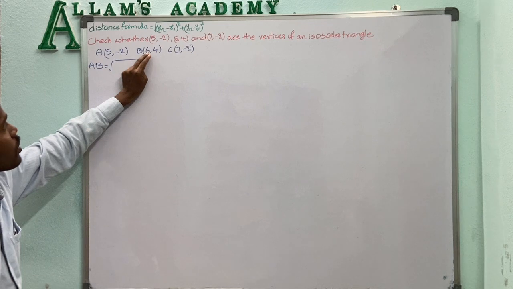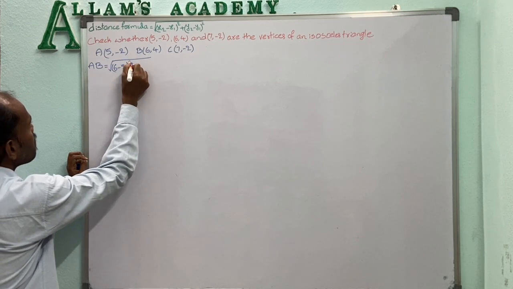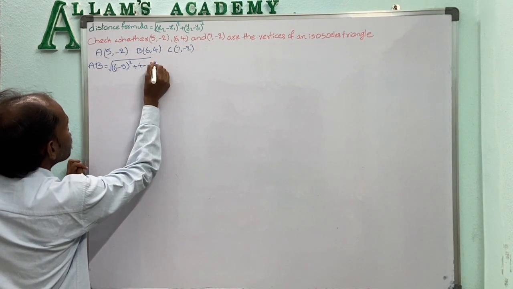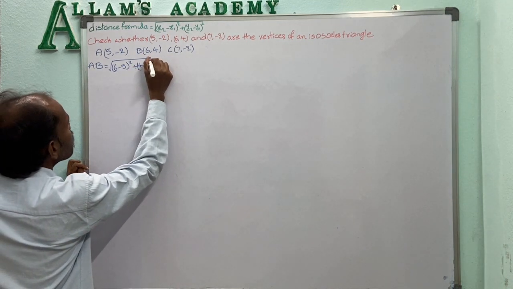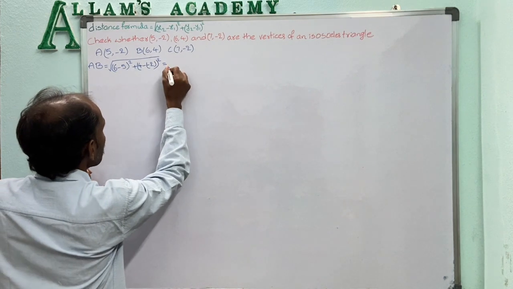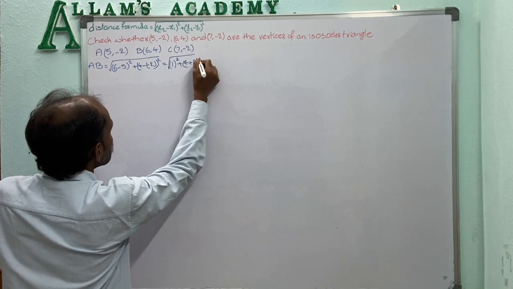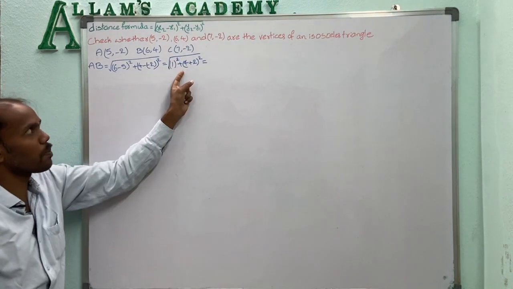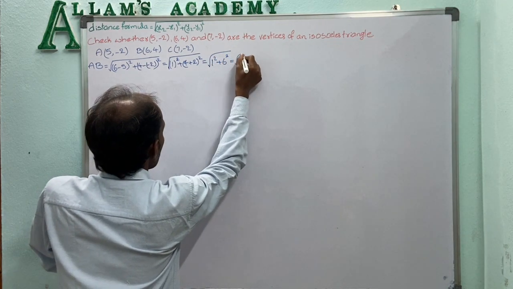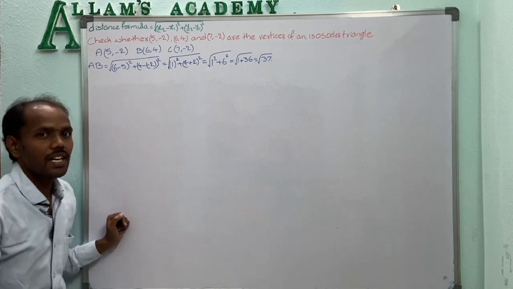So AB is the square root of (6 minus 5) whole square plus (4 minus of minus 2) whole square. 6 minus 5 equals 1, 4 minus of minus 2 equals 4 plus 2, that is 6. So under root 1 square plus 6 square. 1 square equals 1 and 6 square equals 36, so under root 1 plus 36 equals root 37.